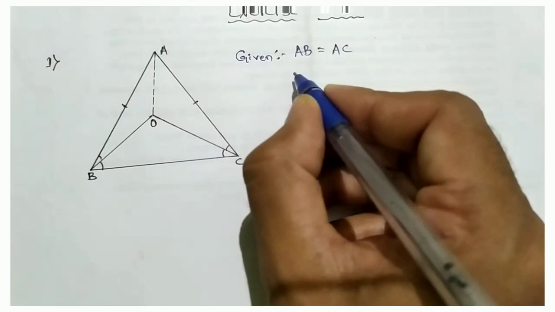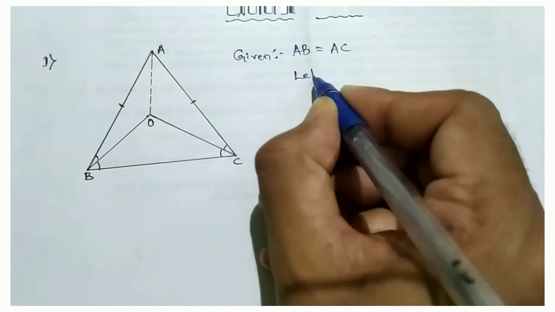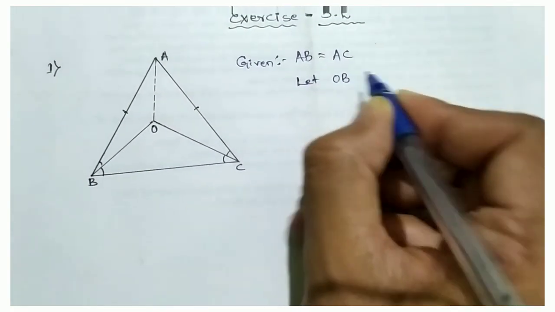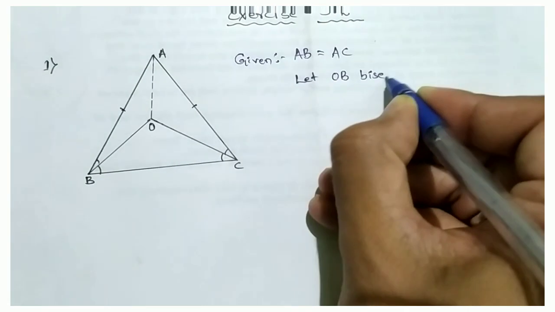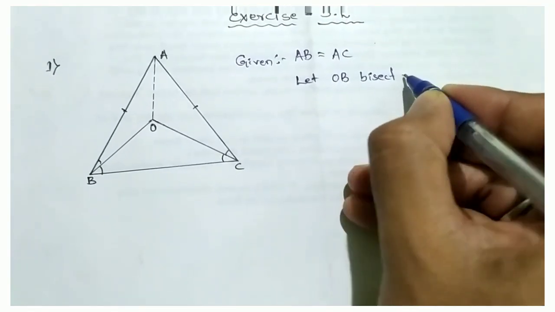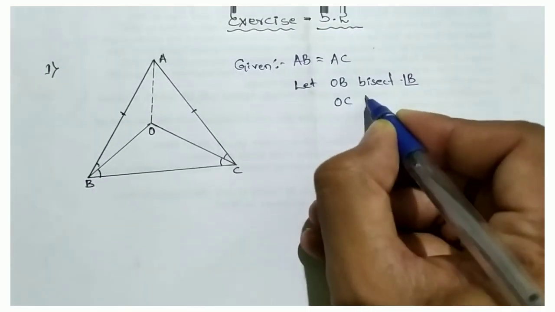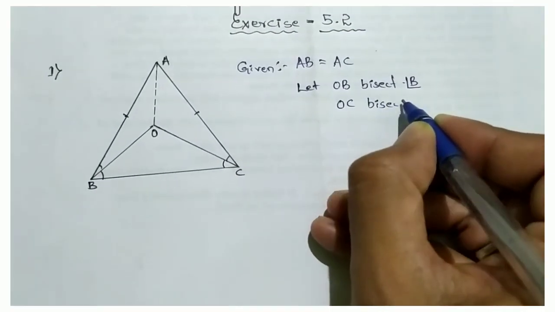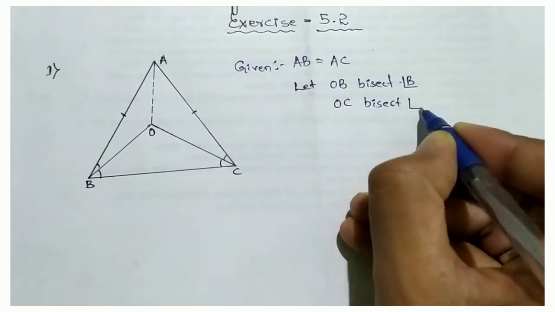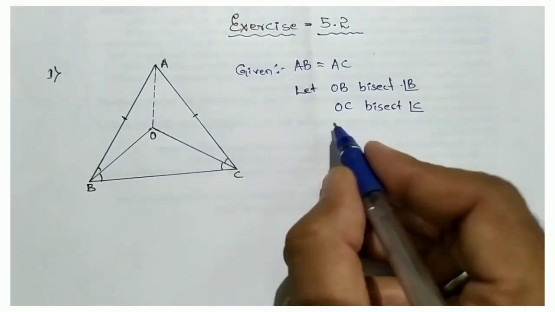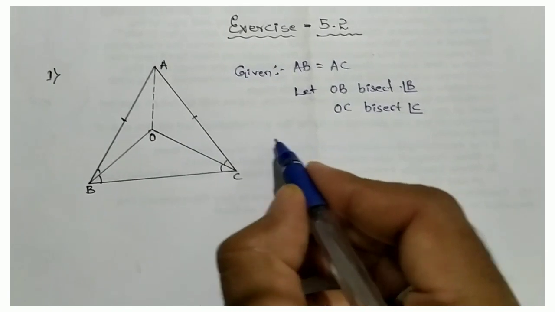So let OB bisect angle B and OC bisect angle C.